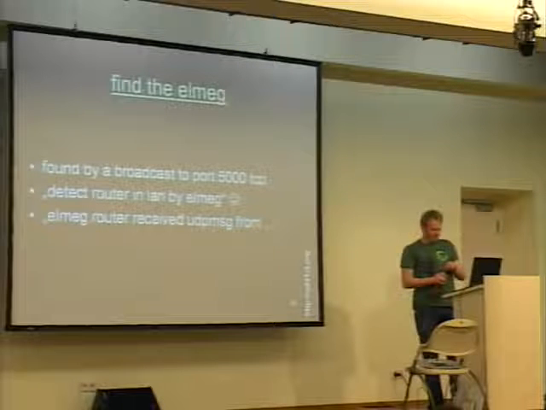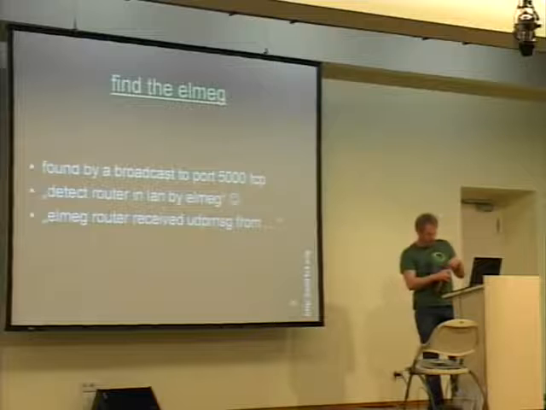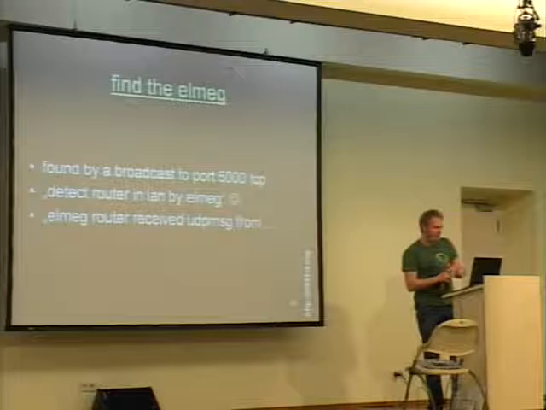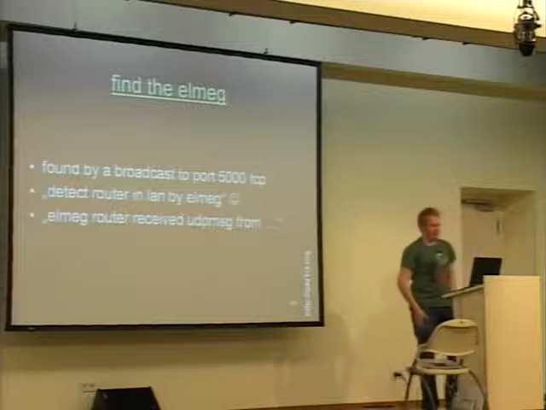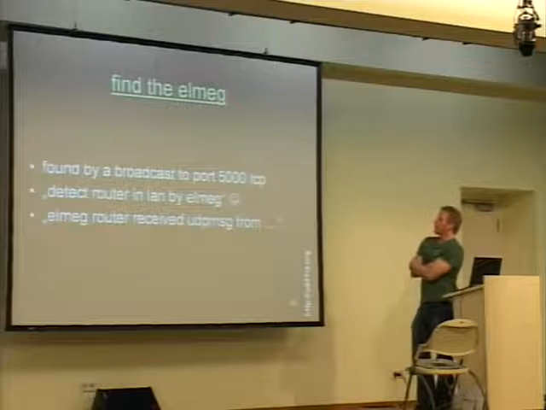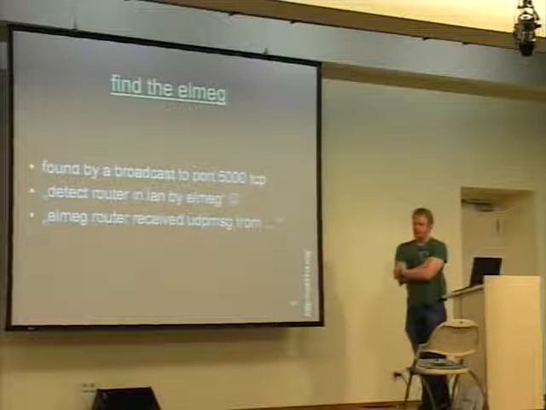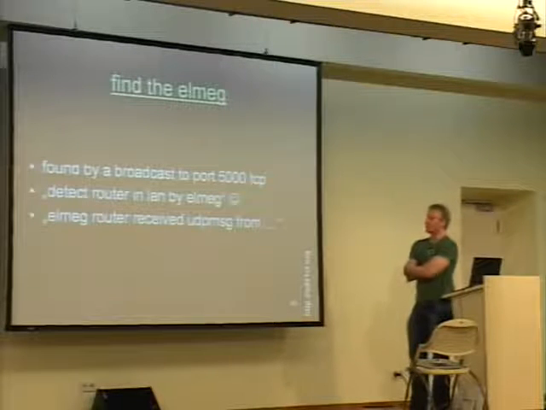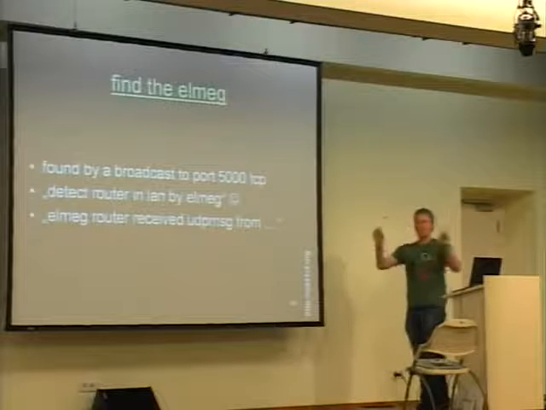I will show something from this PBX, how you can find it in a network. So, how does it work? You send a broadcast to port 5000, with a pretty unsuspicious string, detect router and LAN by LMAC, and they will respond like, here's an LMAC router.